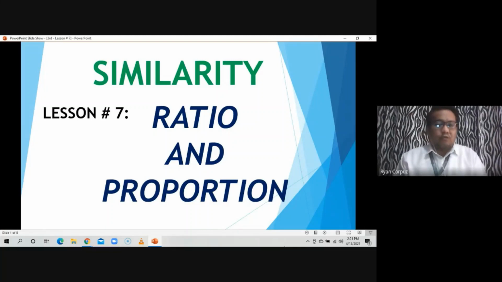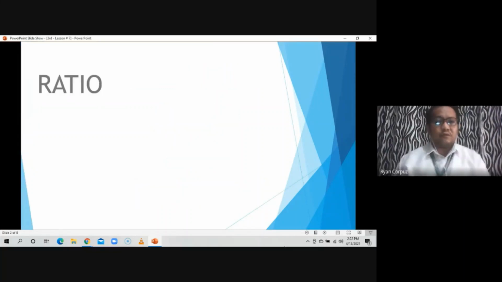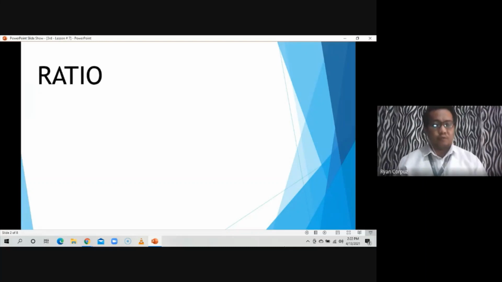So we are just here going to recall it so that we can remember it also, because this concept that we can get here are the things that we can make use in order for us to answer problems which involves about similarity. So ano pang hinihintay natin? Let's start it now.